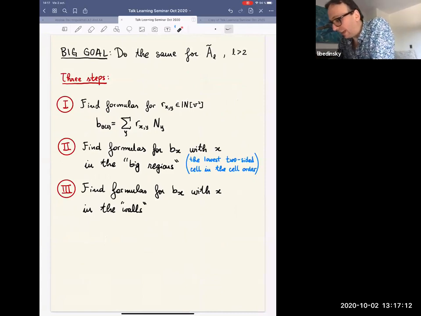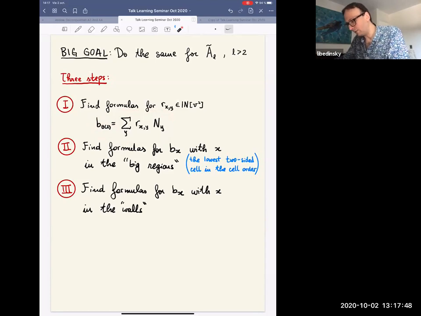So we want to do the same for AL tilde, for L bigger than 2. So we have to divide this in 3 big parts. The first one is to find formulas for when you write the Kazhdan-Lusztig polynomial of some theta. So theta of lambda, with lambda a dominant weight, is the element of the affine Weyl group associated to that. And you want to write this as a sum of this.